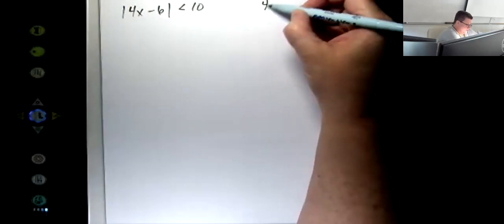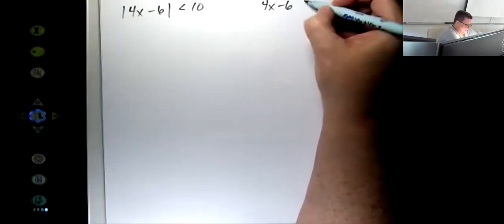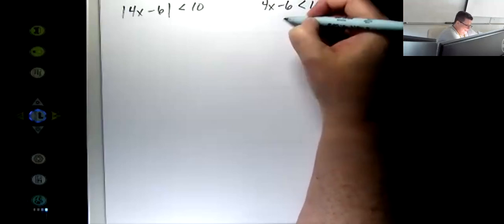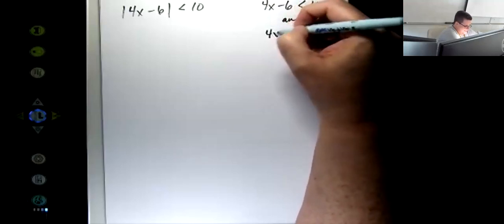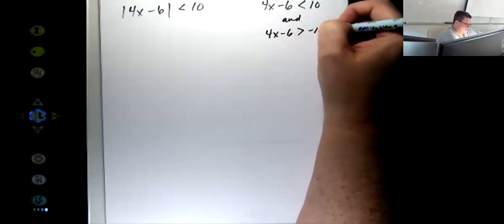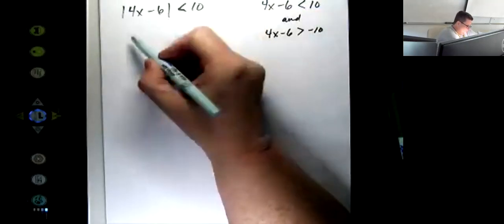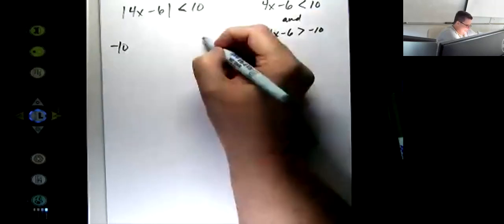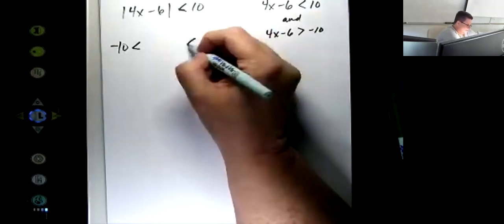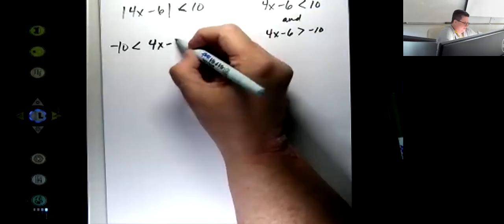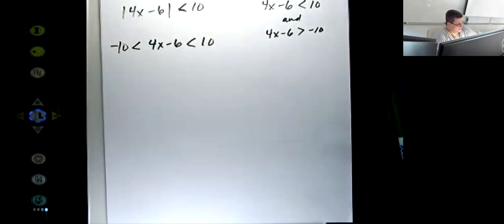You can do it, go slowly, do 4x minus 6 is less than 10, and 4x minus 6 is greater than negative 10. Or when it's the less than sign, you can jump straight to doing negative 10 and 10, keeping the inequality the same, and putting 4x minus 6 in between them. The less than is the sandwich.